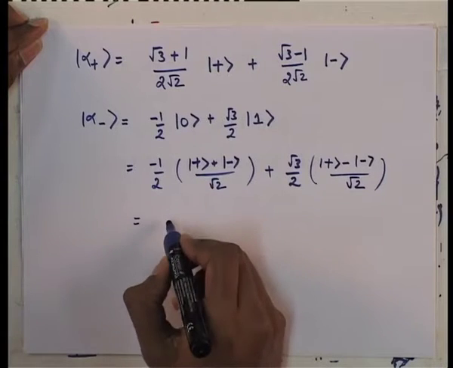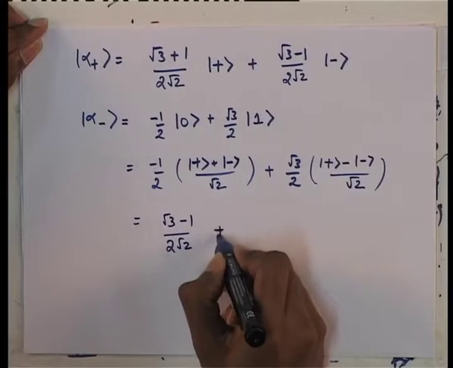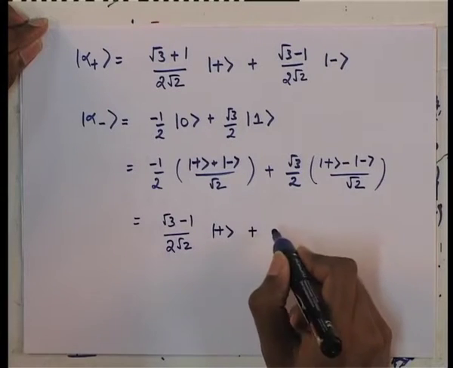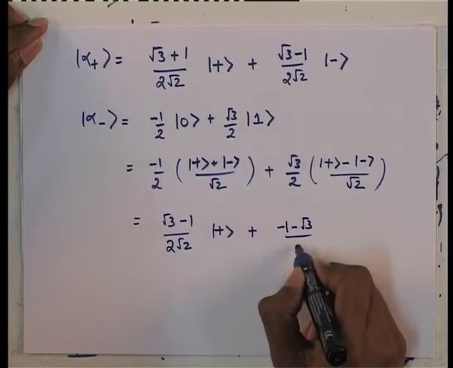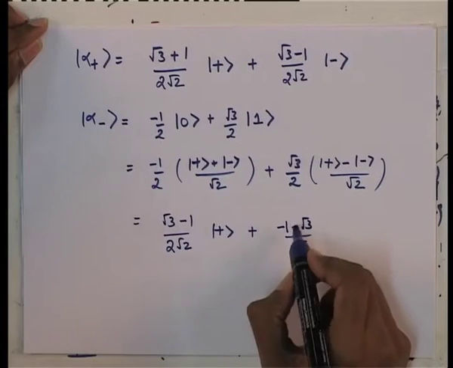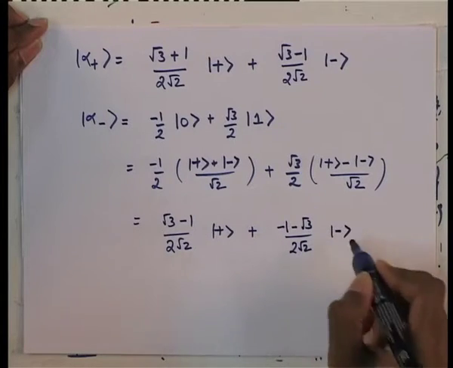We obtain root 3 minus 1 by 2 root 2 plus, minus 1 minus root 3 by 2 root 2 times minus.